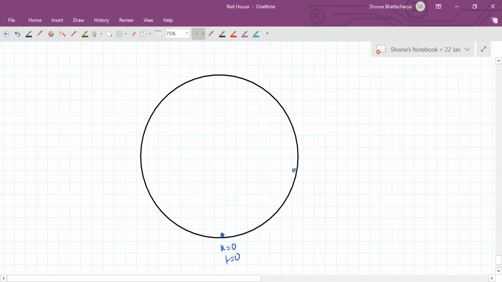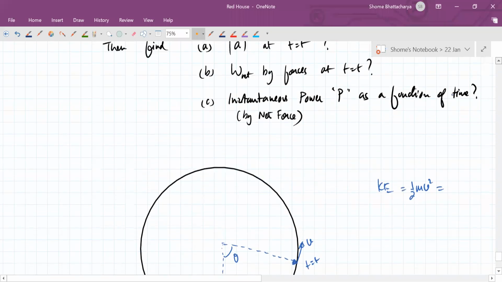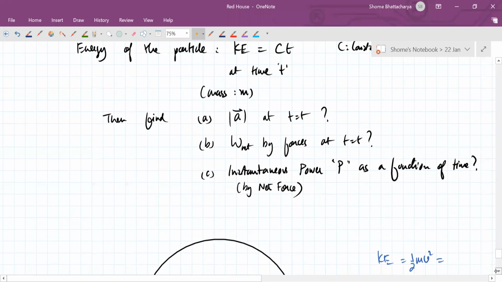By the time it reaches here at time t, it's got some angular displacement theta, it's got some velocity v like this. So the kinetic energy half mv square, that is equal to how much now? That is equal to linear function of time ct, where c is some constant.